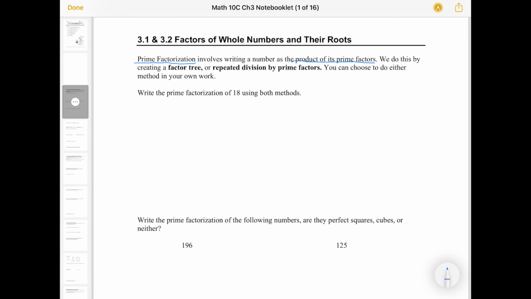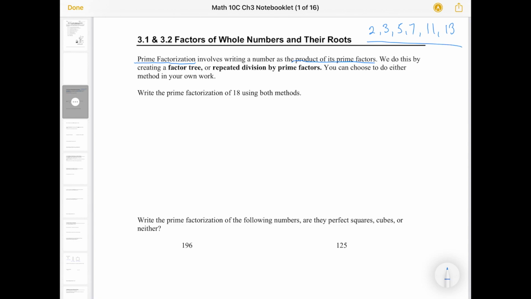So numbers like 2, 3, 5, 7, 11, and 13. Those are our main prime numbers that I'm going to expect that you know are primes. And we are going to be writing a number as multiplying only these numbers together.